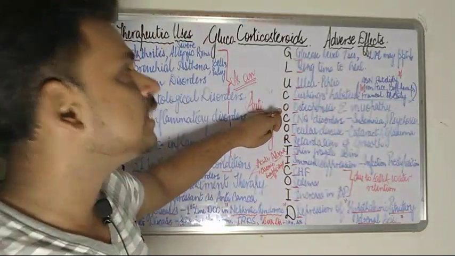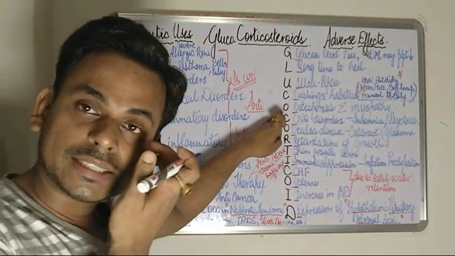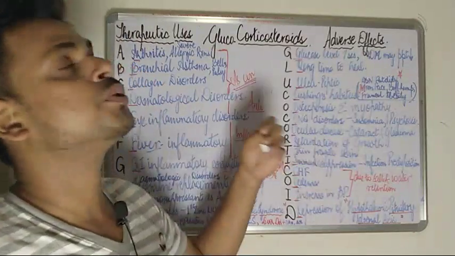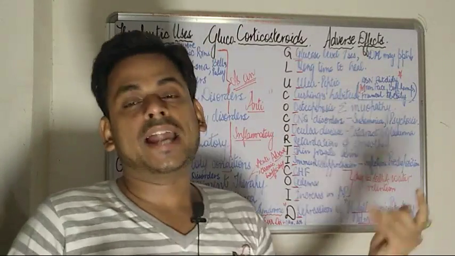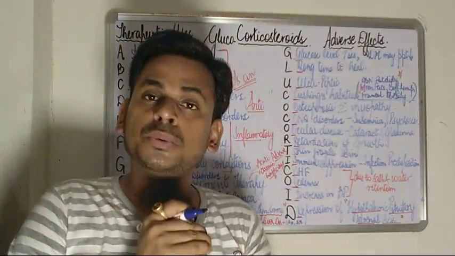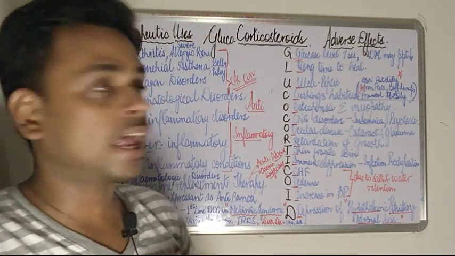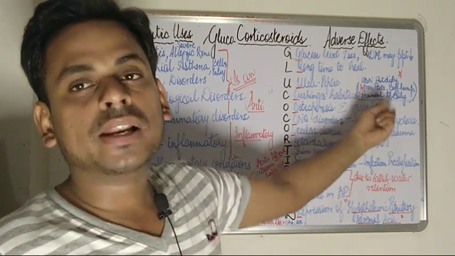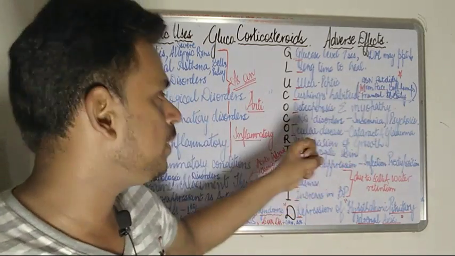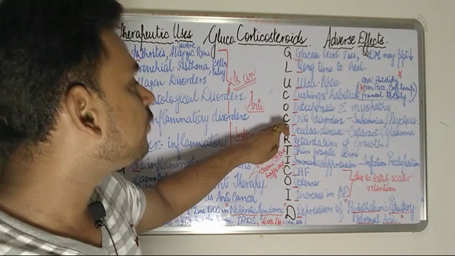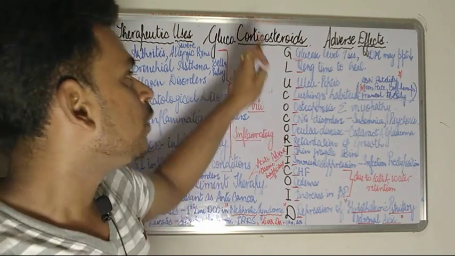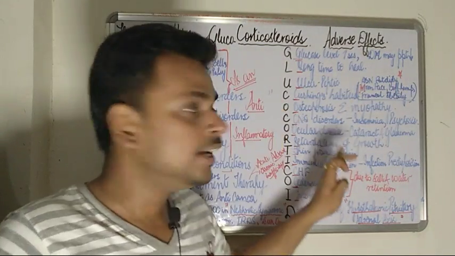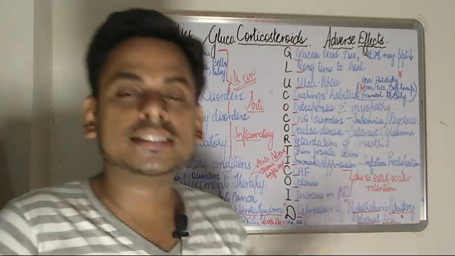Moving on to the first O of the glucocorticoids, the O refers to osteoporosis and myopathy. So another adverse effect that can be seen in certain patients is osteoporosis as well as myopathy. Moving on to the next C of the glucocorticoids, this C refers to CNS disorders.